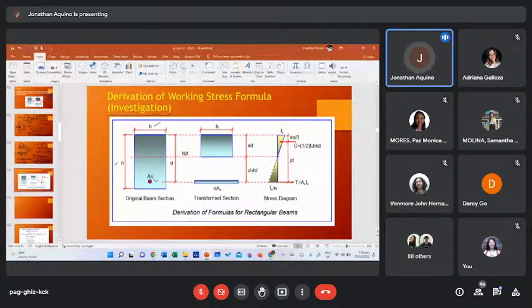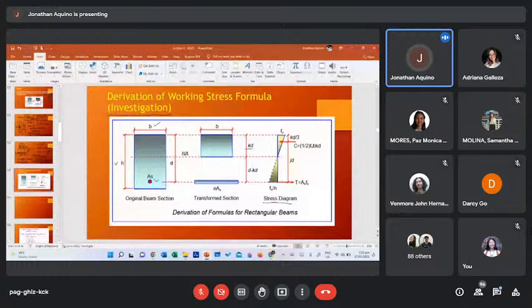So, the stress diagram is equal to fc. So, ito, linear. So, fc. So, this centroid, gagawin natin, fraction of depth. So, let's say the centroid is equal to kd. So, meaning, the k value is less than 1. Okay, to solve for the centroid.